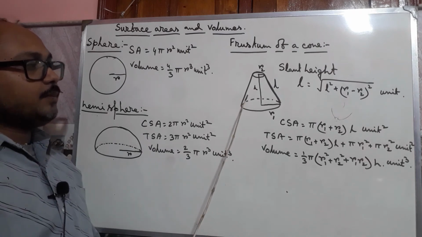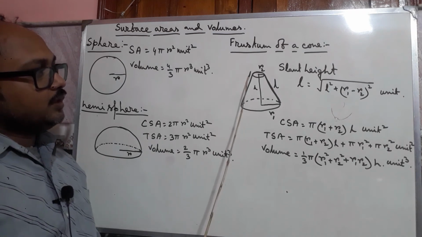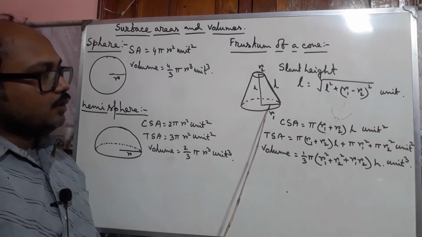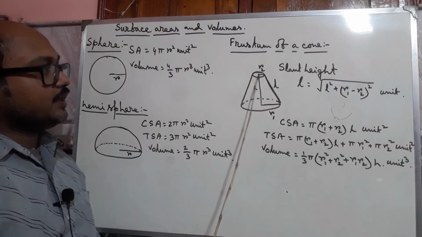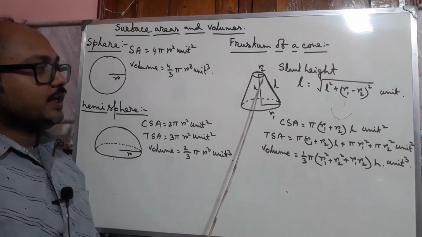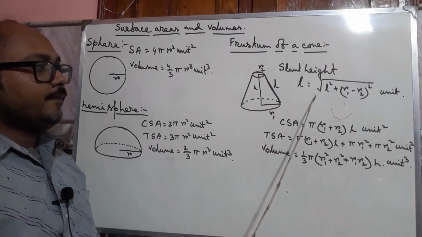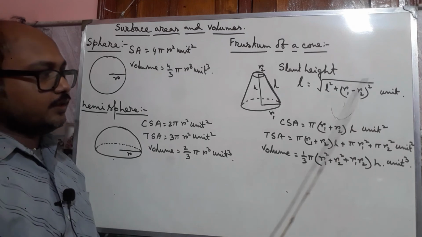Now the frustum of a cone. You see the top of this cone is cut here. So if the radius at the base is r1 unit and radius at the top is r2 unit, height h unit and this slant height L unit, then this slant height L will be root over of h square plus (r1 minus r2) whole square unit.